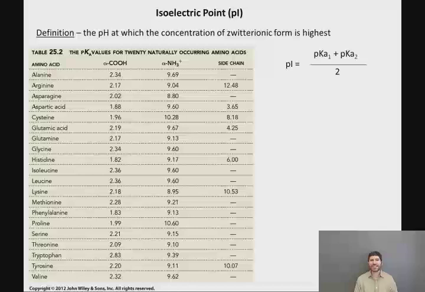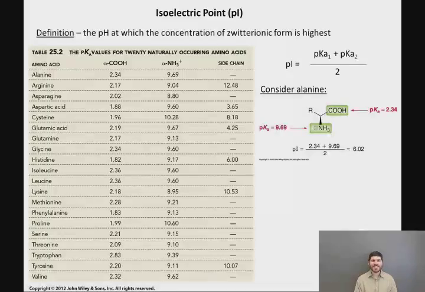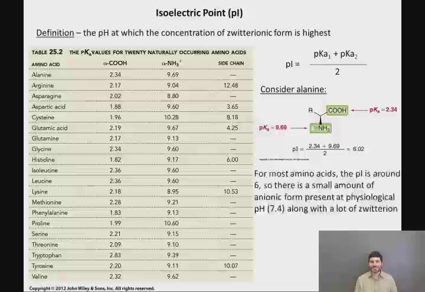Well, the answer is that the pI for something with neutral side chains is simply the average of the two pKa values, pKa 1 and pKa 2, because, as we have seen, the Zwitter ion is what exists between those two pKa values. So if we want to consider alanine, its pKa 1 is 2.34, its pKa 2 is 9.69. If you take the average of those two numbers, you get 6.02.